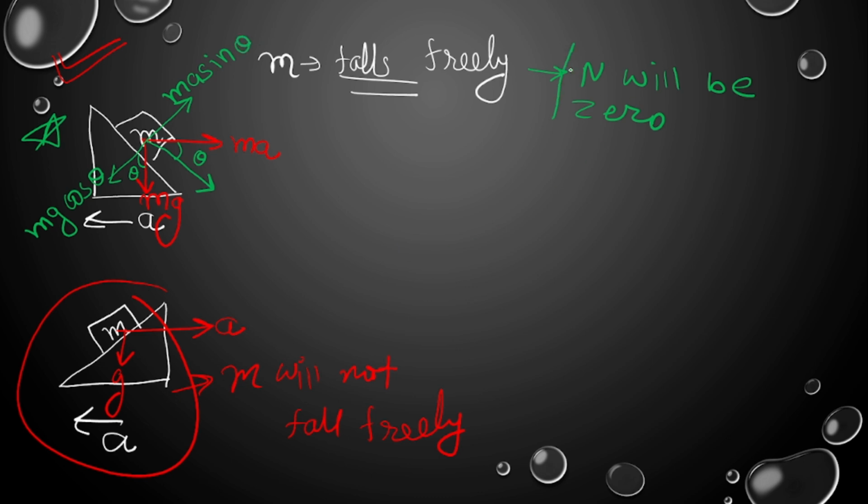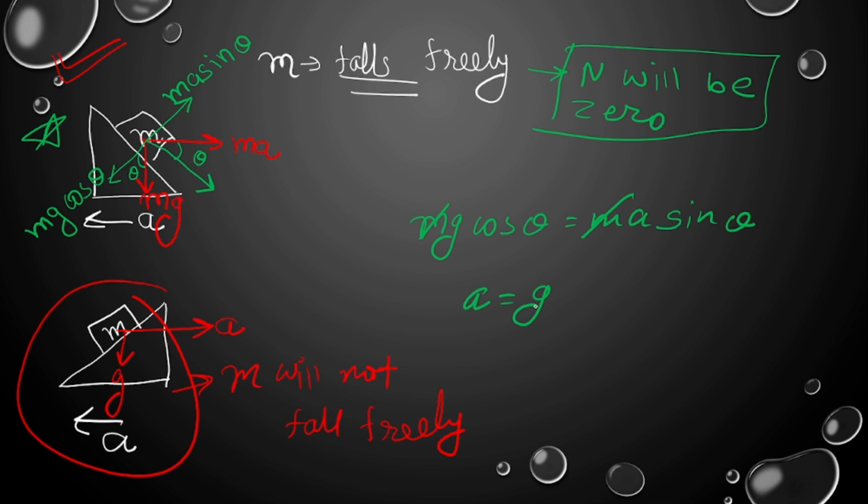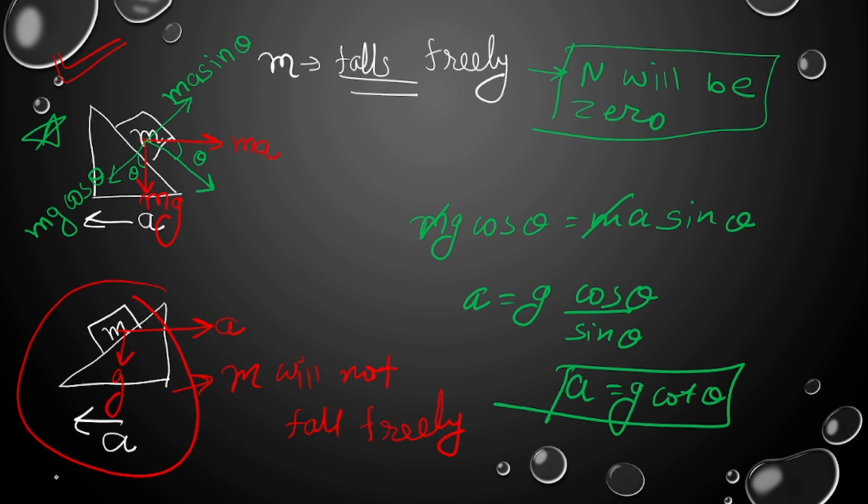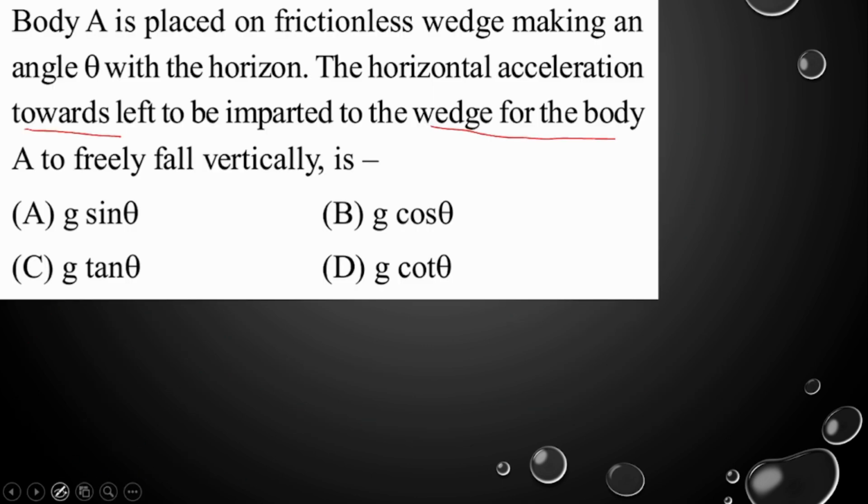N is 0, which means mg cos theta equals ma sin theta. m and m are gone, so acceleration is g cos theta by sin theta, which comes out as a equals g cot theta. The acceleration should be g cot theta, option D.